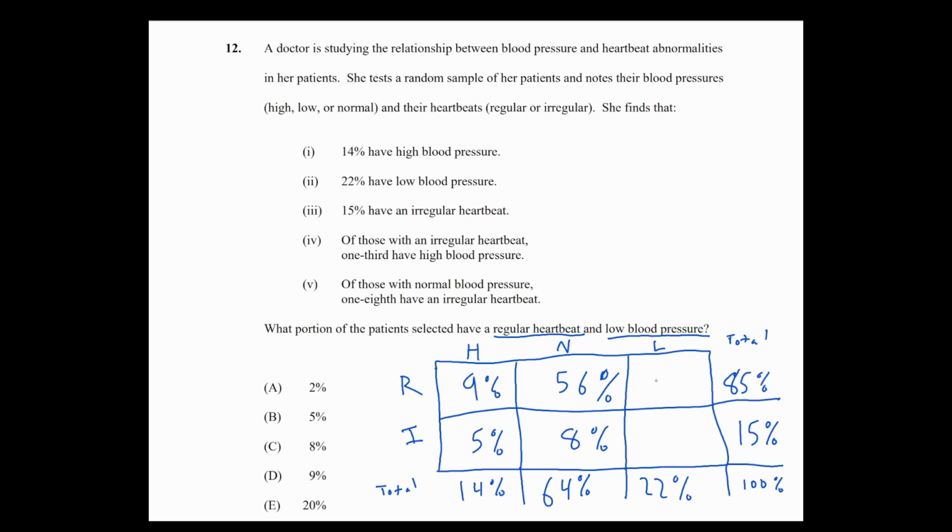To get this row R, column L portion, I'm going to mark it with an X. X marks the spot. We're going to do 85% minus 56% minus 9%. That equals 20%, and that's going to be our answer.